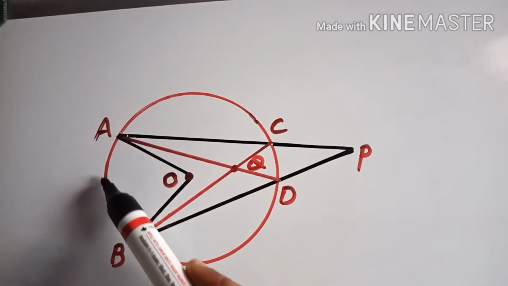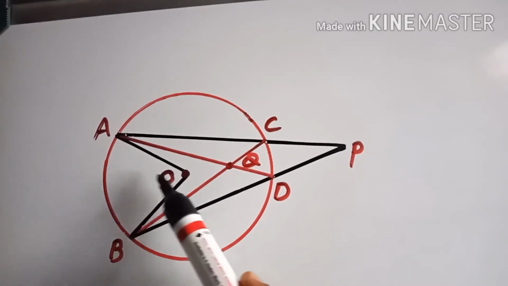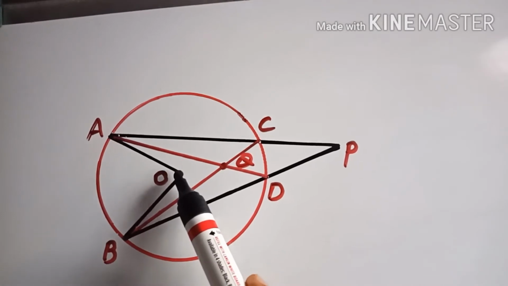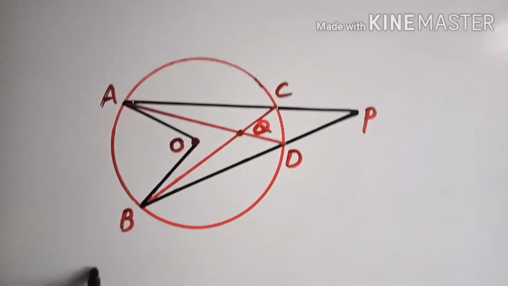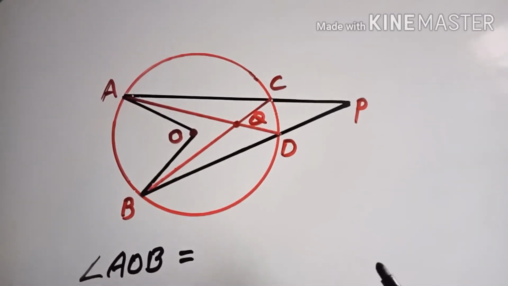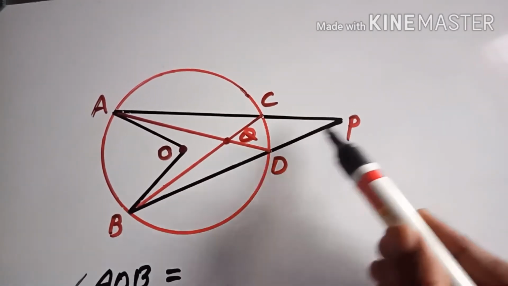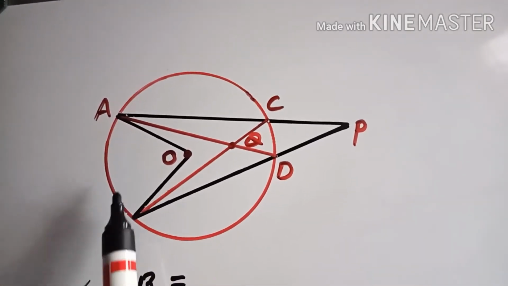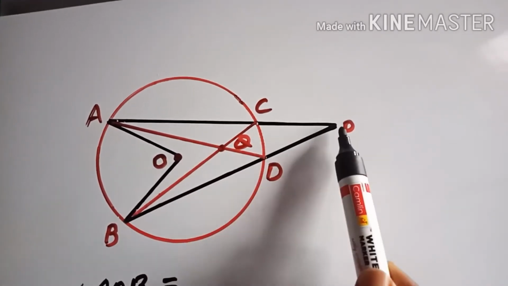The angle made by this small arc at the center point O, that is angle AOB, is equal to the sum of the angles made at point P and point Q by the same arc. That means from the endpoints A and B, the angle made at the point Q and the angle made at the point P.